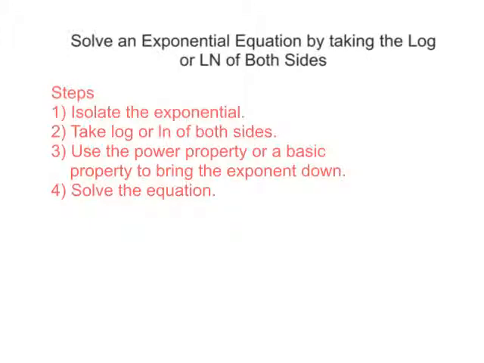And in some situations, for example, if your exponential's base was 10 or e, you can use the matching logarithm and you'll be able to use one of the basic properties just to bring the exponent down by itself, and you won't have anything left but the exponent. We'll try to look at one of each so that you can see what's going on with those two. And then last, whatever equation you're left with, you're going to solve that.